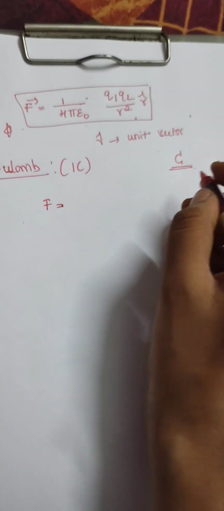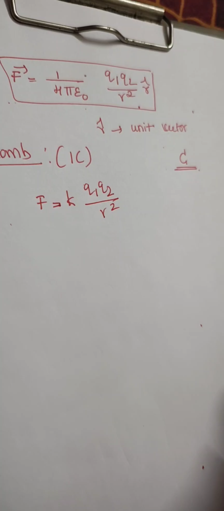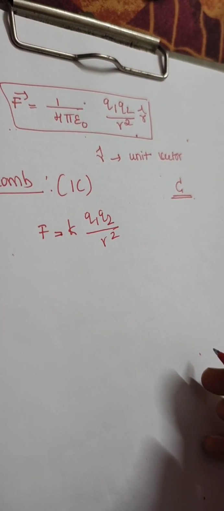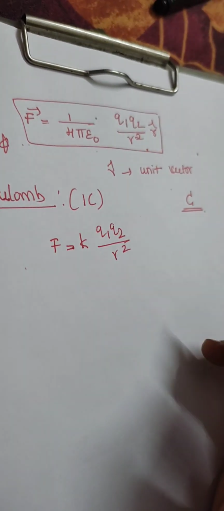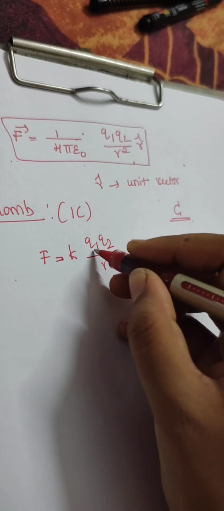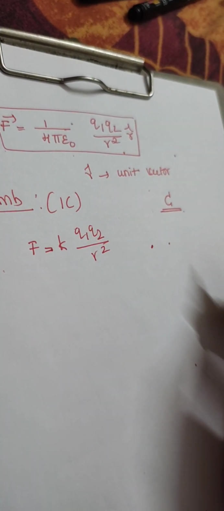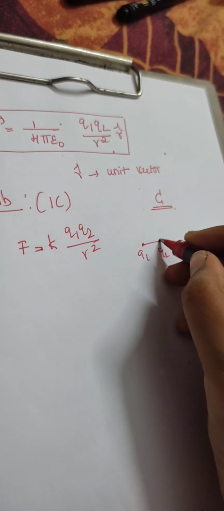So we know the equation F is equal to K Q1 Q2 by R square, where K is a constant here. If we are going to define a charge of 1 coulomb, consider two identical charges, Q1 and Q2, separated by 1 meter in free space.